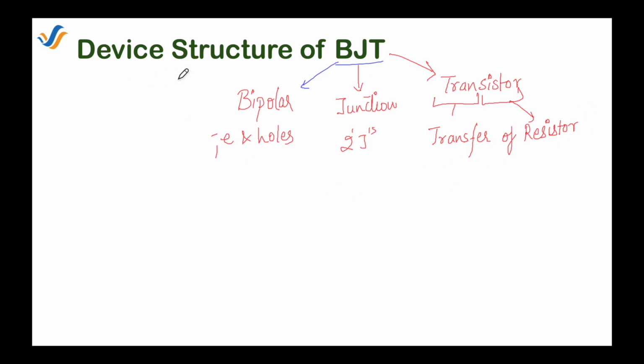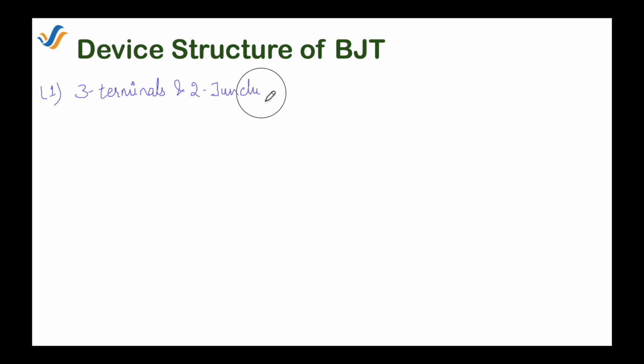Now, for better understanding of the device structure of a BJT, I will discuss each feature point-wise. The first point is that the BJT has three terminals and two junctions, where these three terminals are emitter, base, and collector. The emitter is the region whose purpose is to emit the carriers, which means it is the source of the carriers.